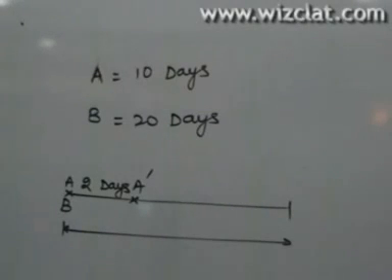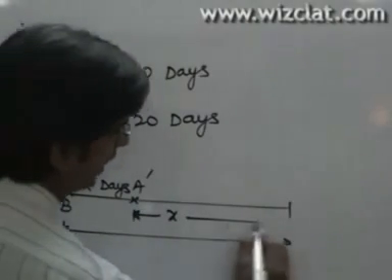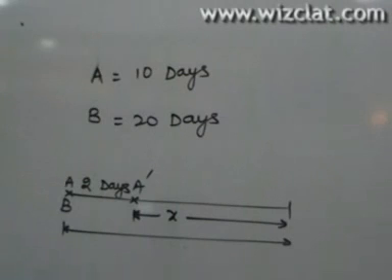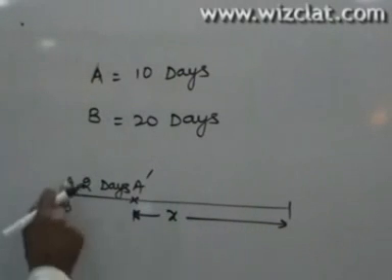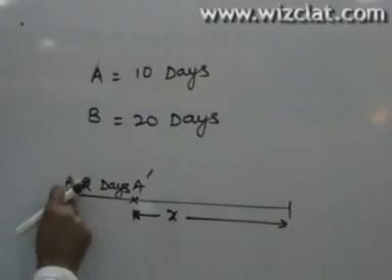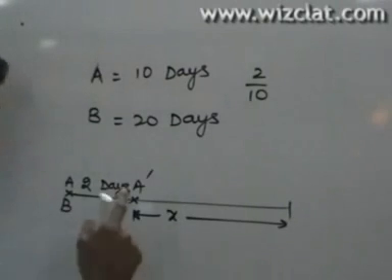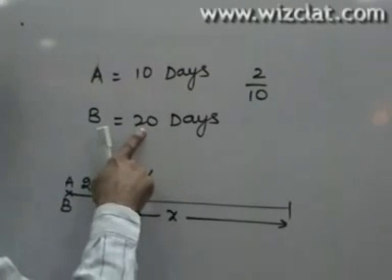Okay, that means I am looking for the total time. One approach says, let me say the number of days for which B works alone is X. Therefore the work done by A in 1 day is 1 by 10, so work done by A in 2 days will be 2 by 10. Work done by B in 1 day is 1 by 20.